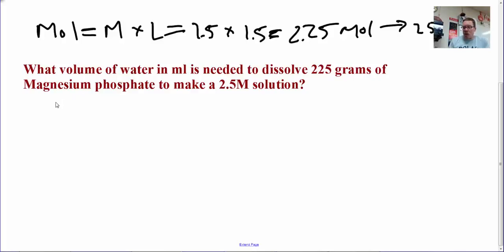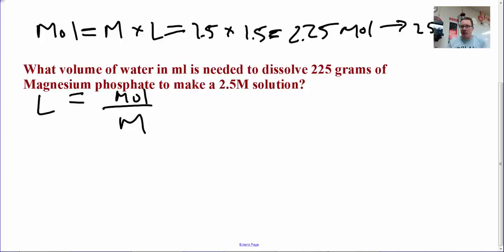And I want to know how much water in milliliters I'm going to have to measure in my graduated cylinder. Again, the formula rearranges to liters is the moles divided by the molarity. So I'll have to remember my formula for magnesium phosphate and write that out, because I have to get my grams converted into moles.